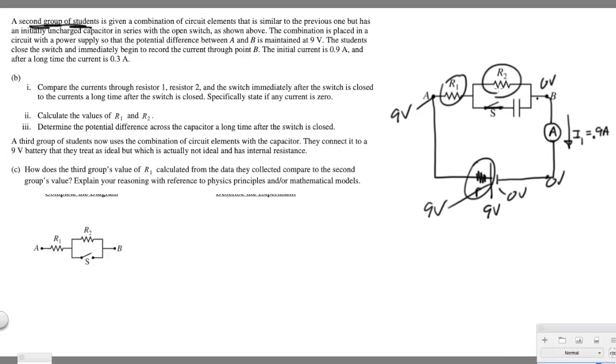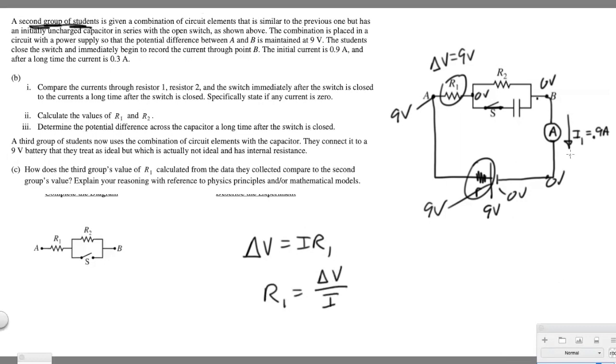R2 gets no current because current follows the path of least resistance, and 0 right there. So aha, we had the full voltage of the battery across R1. Then we applied Ohm's law. Delta V equals IR. So therefore R1 is going to be the voltage over the current.